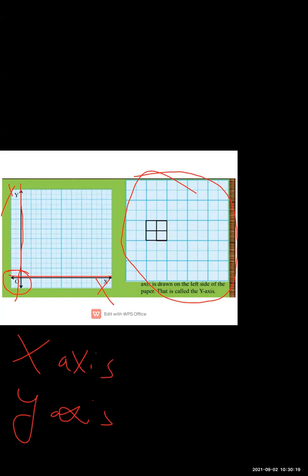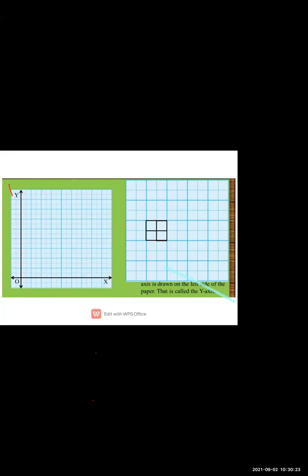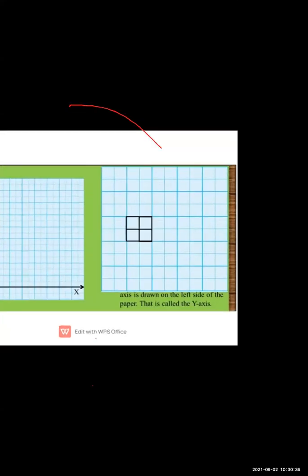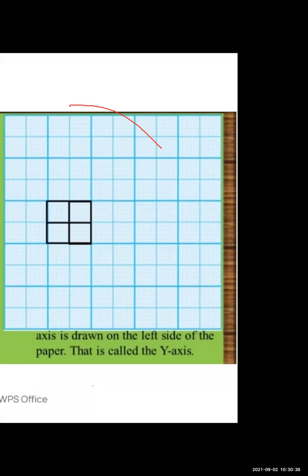So whenever you draw a bar graph, first you have to draw these lines. In every bar graph you can see same size squares, and in the squares there are 10 vertical lines and 10 horizontal lines.